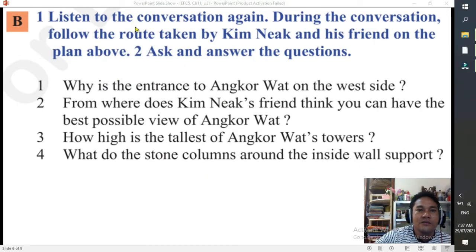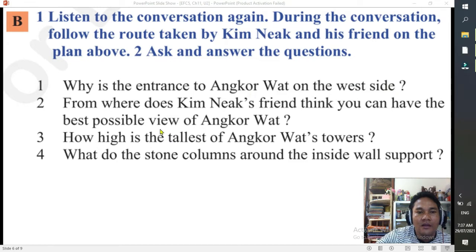Listen to section B, right? Listen to the conversation again. During the conversation, follow the route taken by Kim Nia and his friend on the plan above to ask and answer the questions. Why is the entrance to Angkor Wat on the west side?